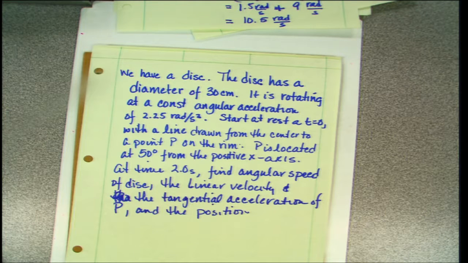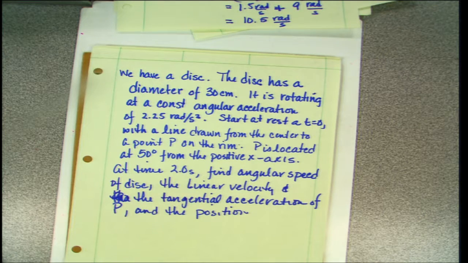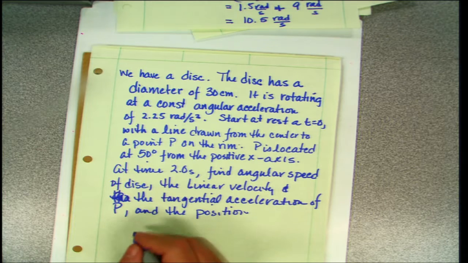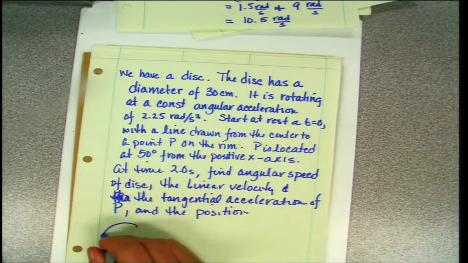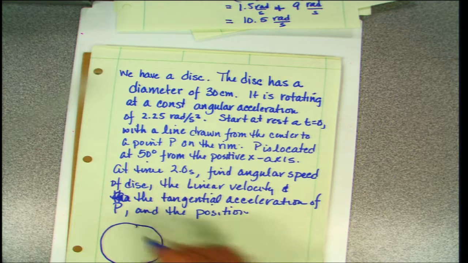Well, the first thing that we know is we've got a circle. We've got a disc, right? So I'm going to draw my picture. There's my disc. We've given you a diameter of 30 centimeters. So my diameter is 0.3 meters because I'm going to want to be in meters instead of centimeters.